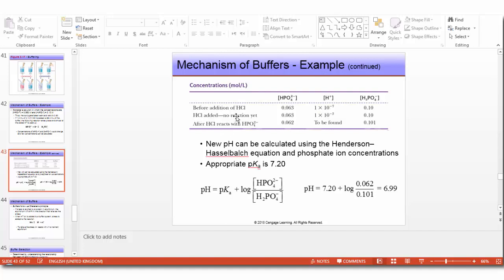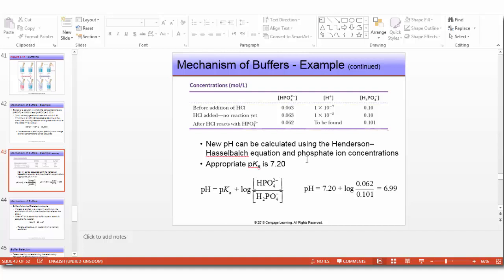Now HCl is added, no reaction yet. We added this amount, 1 times 10 to the minus 3 molar, and this will react with the base, so it will consume 0.001 from the base, forming 0.001 of the acid. So these are the new concentrations after adding this HCl.